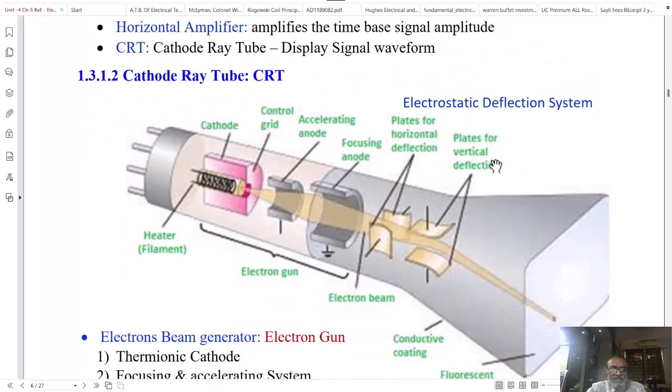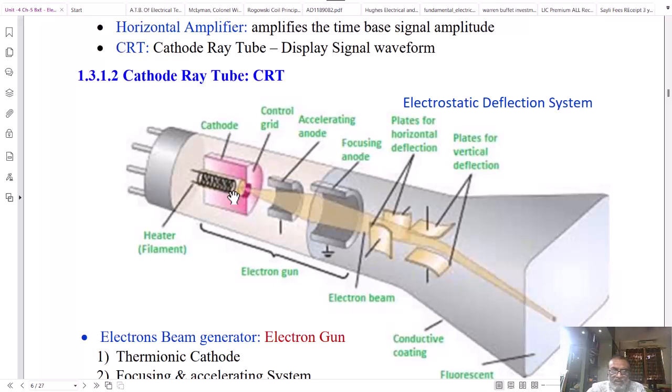Let us see what the cathode ray tube looks like in somewhat more detail. A cathode ray tube is basically a vacuum tube in which there is a thermionic cathode. This cathode is heated with a heater, and the cathode is coated with a special thermionic material.